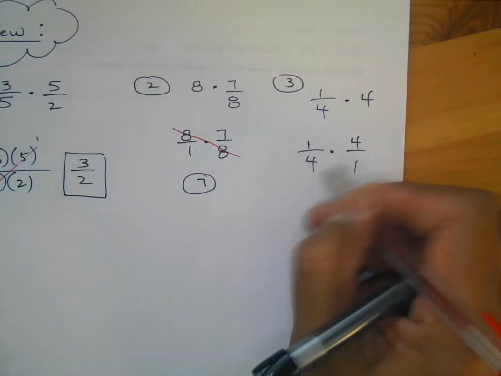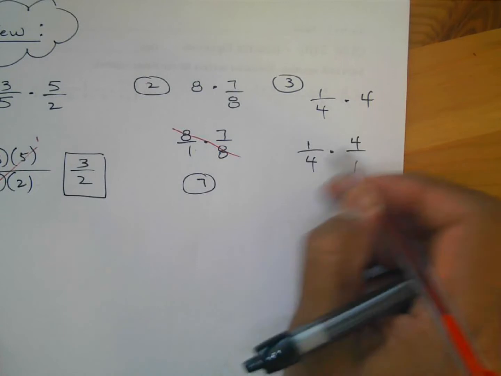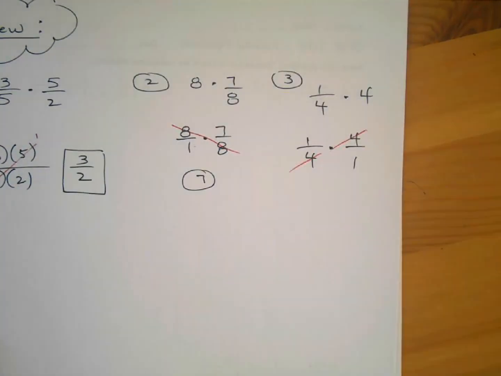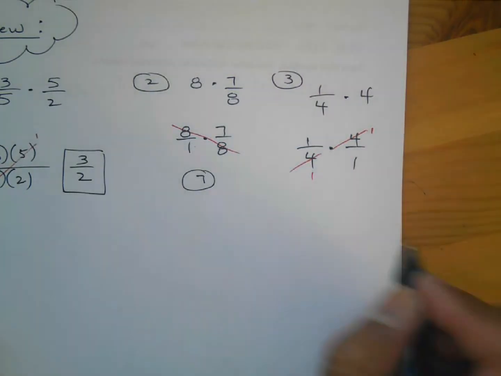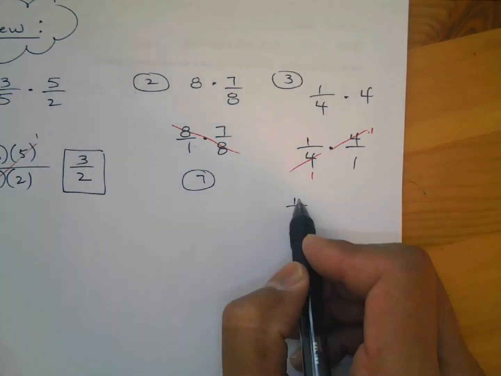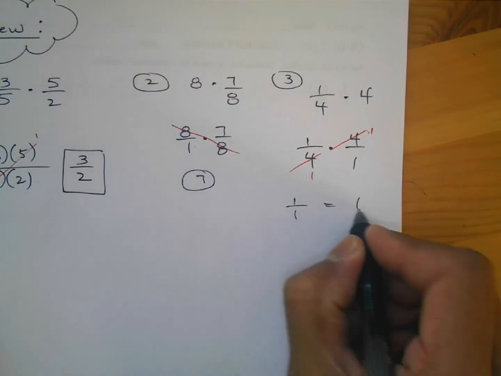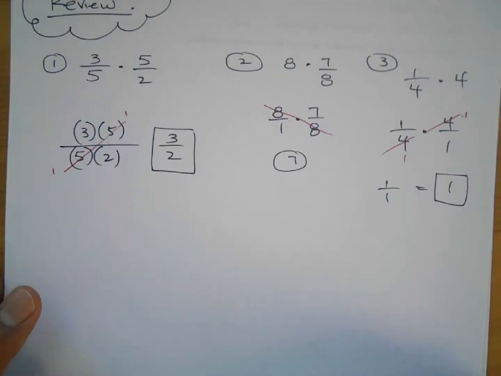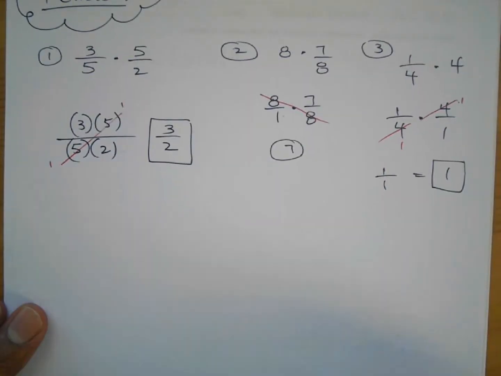And then here, we look to reduce. Anything from the denominator can reduce with anything from the numerator? Yes. And this turns to what? 4 divided by 4 is 1. You get 1 over 1, right? 1 times 1 is 1. Well, 1 is the answer. Okay, remember, this is review.